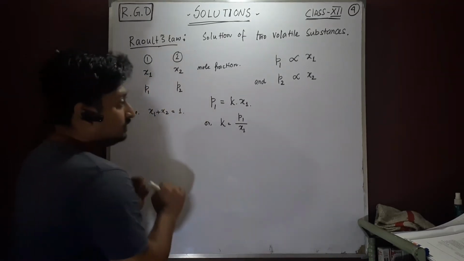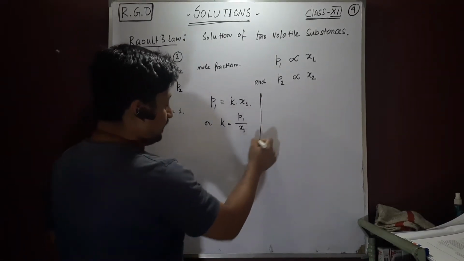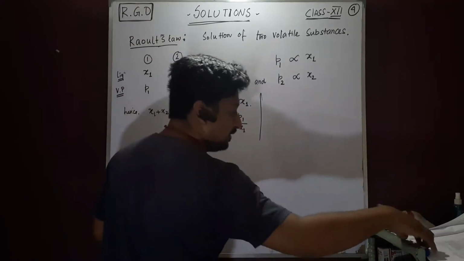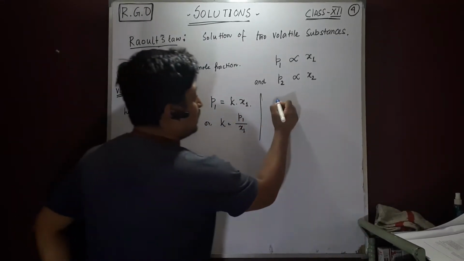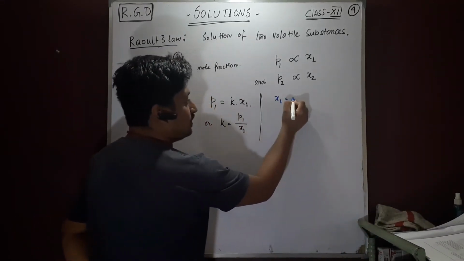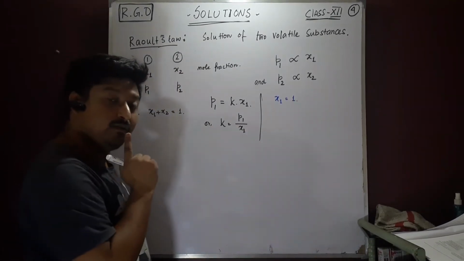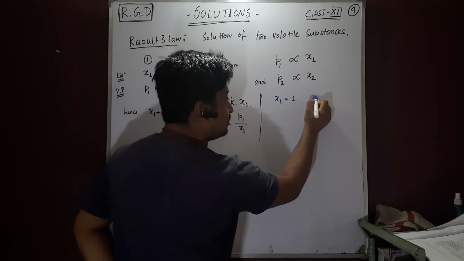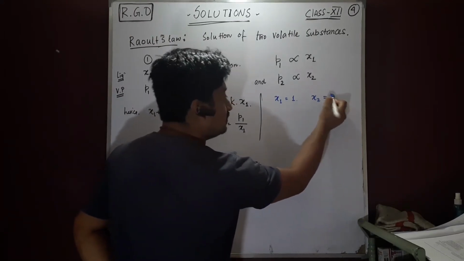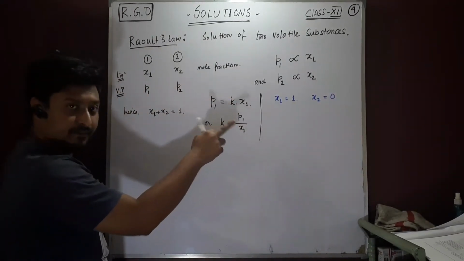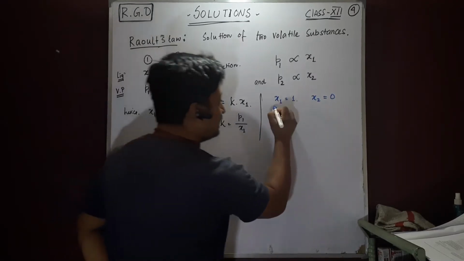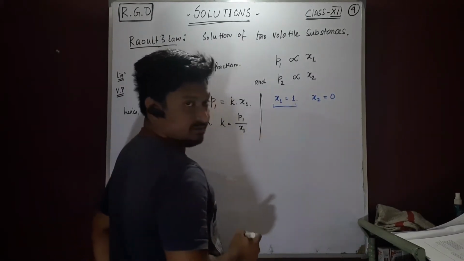Now think, this is very interesting and important here. When x1 is equal to 1, then my x2 is equal to 0, correct? Now, what does x1 equal to 1 suggest?